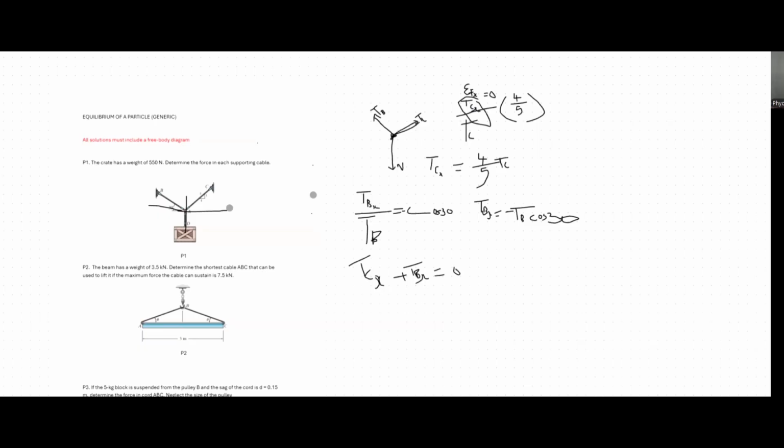So when we say 4 over 5 is 0.8, so we're going to say 0.8 TC plus open bracket minus cos 30 is equal to 0.866, TB equals 0.